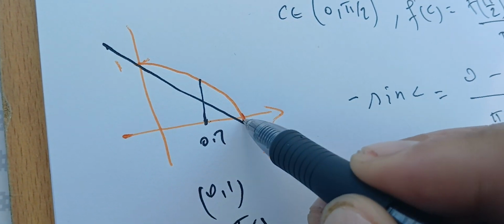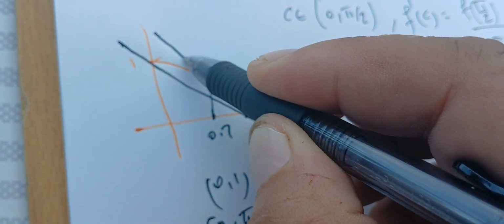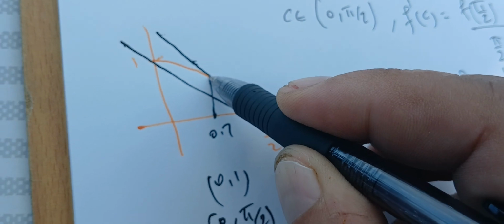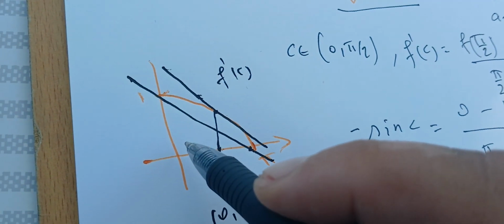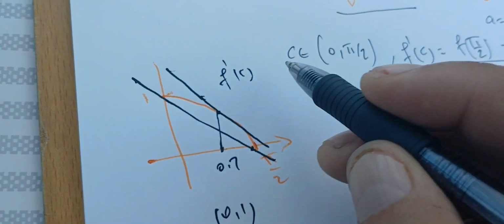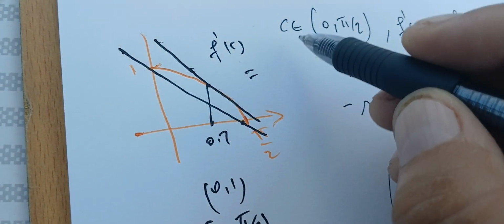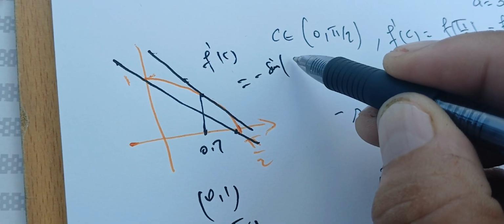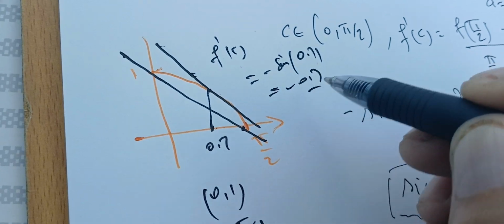This secant line will have the same slope as this point on the graph, and its slope is given by f prime of c, which is minus sine of 0.7, about minus 0.7.